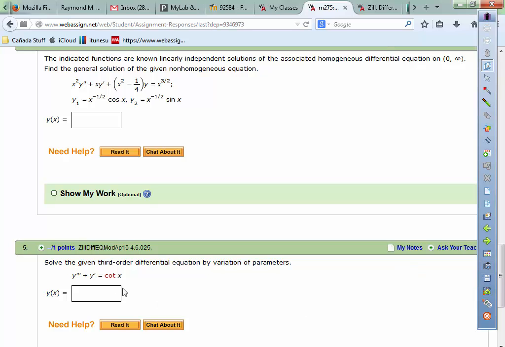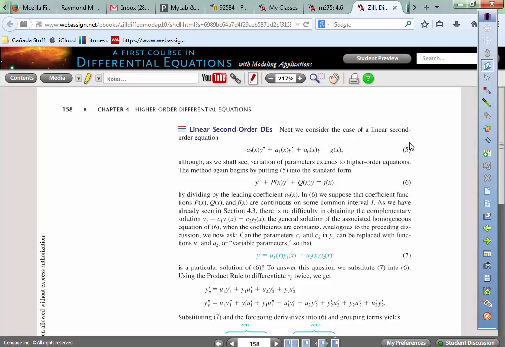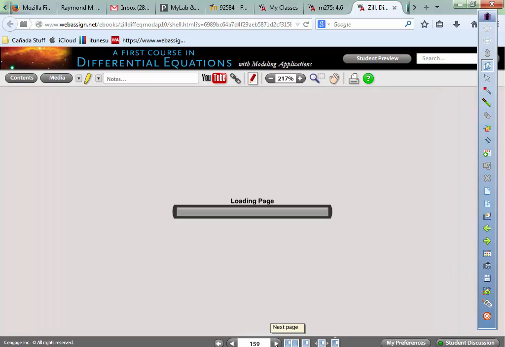Oh, since this is a third order, yeah, we're going to have to do 3, but I'm trying to remember what the order is for the W1, W2, and W3. They have it in the book?